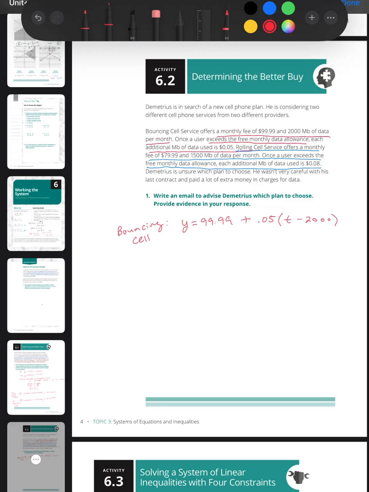That'll give us our total over 2,000. And then for the other company, Rolling Cell, that equation is y equals $79.99 plus 0.08. And that is charging you extra for every megabyte you go over 1,500. So the total megabytes minus 1,500.